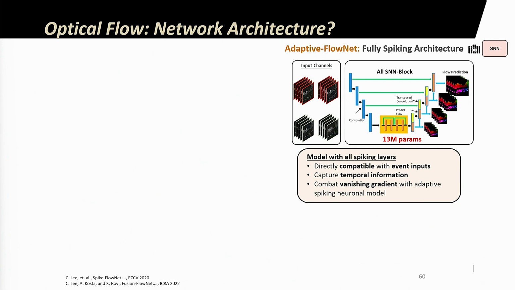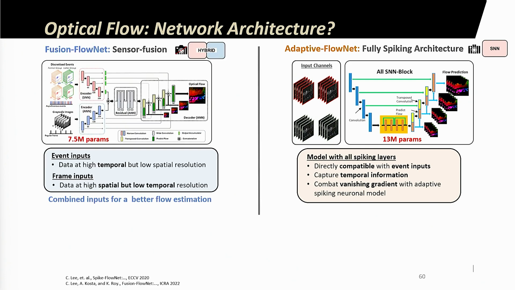In this particular case, looking at the datasets that we had, MVSEC and other datasets, we needed about 13 million parameters to get good endpoint accuracy. Now, the question becomes, can I do slightly better using maybe those 13 million parameters, or maybe using fewer parameters by taking the best of both worlds?